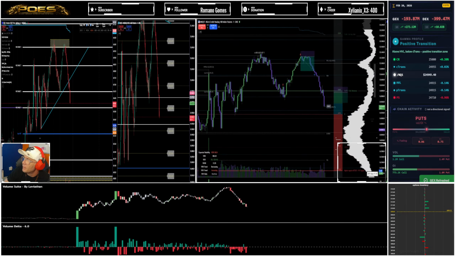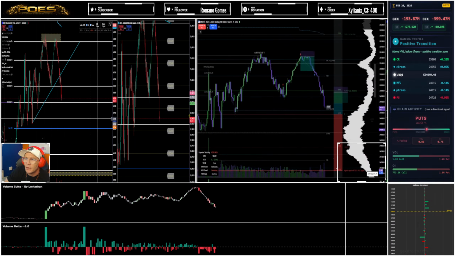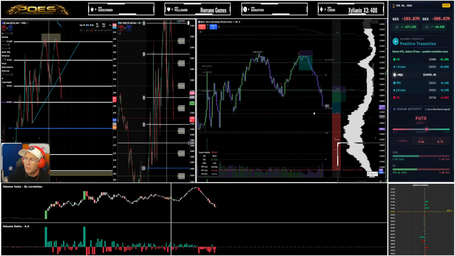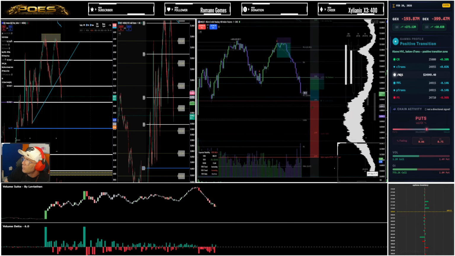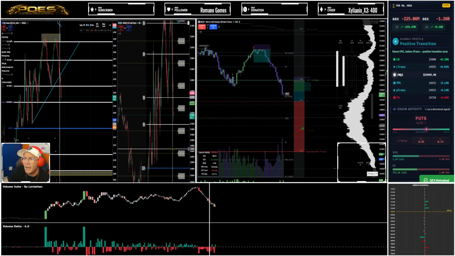Huge sell there, going over the top of that. See, right at the POC level. If you're thinking about it returning, here's where it'll probably return from. But a lot of negativity here.